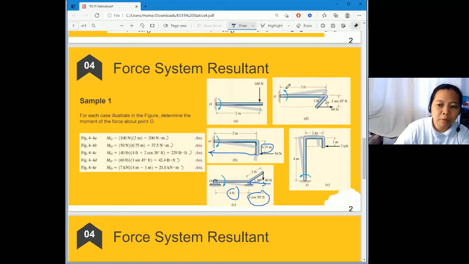Let's solve the moment at point O. The direction of the applied load is 60 pounds, and its moment arm is the perpendicular distance, which is 1 foot. So opposite, so katawa, right?